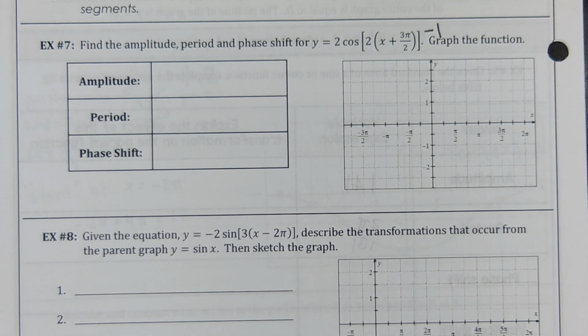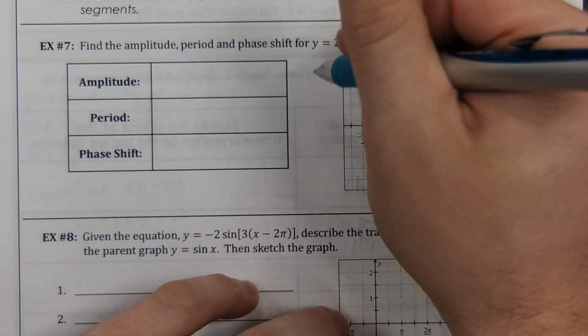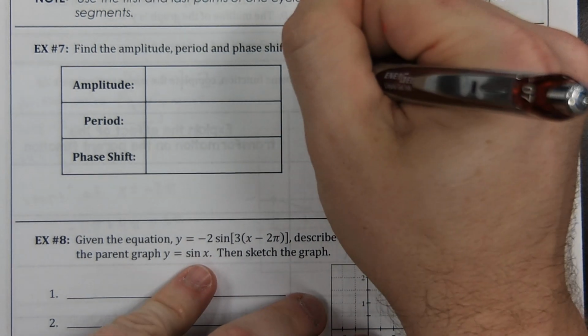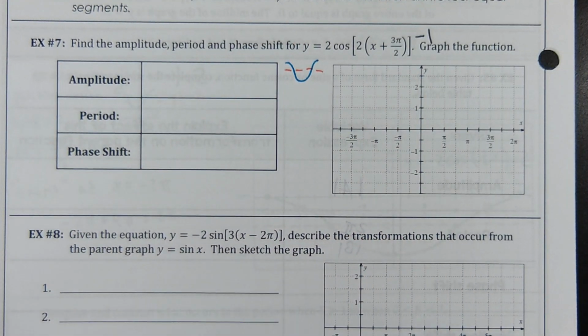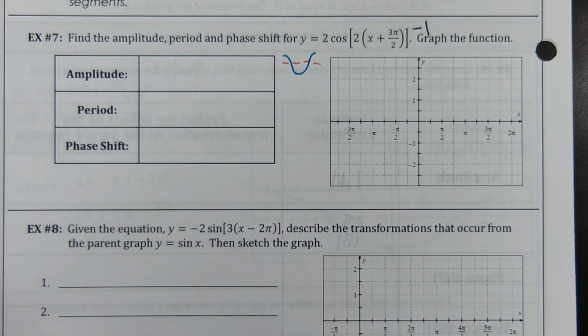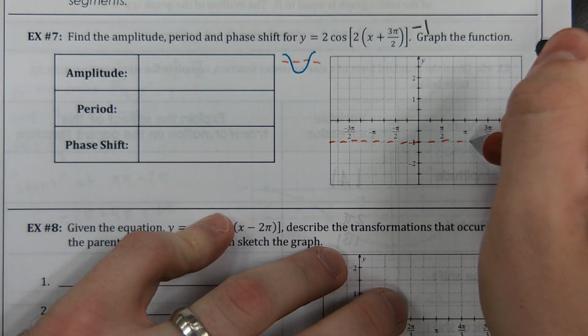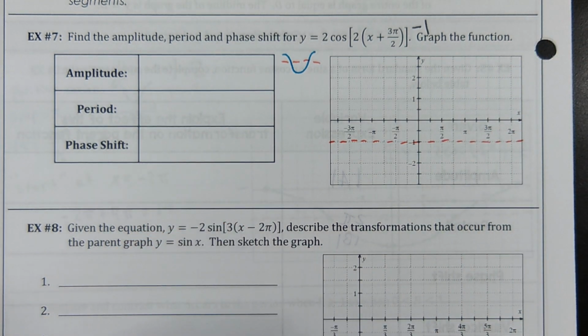Shape. Positive cosine. Yeah, it's -1. See, I wrote a -1 there. Midline, y equals -1. Amplitude is 2.